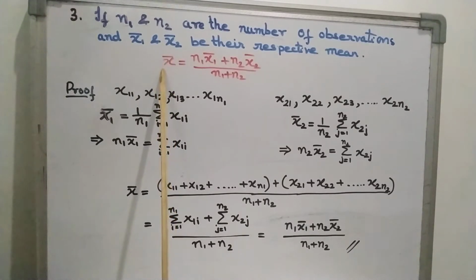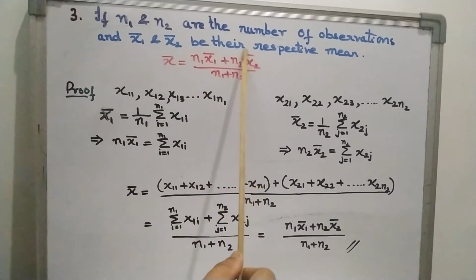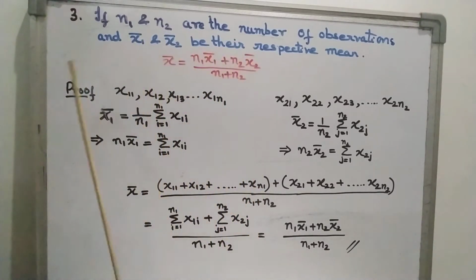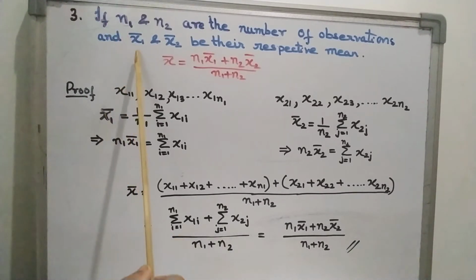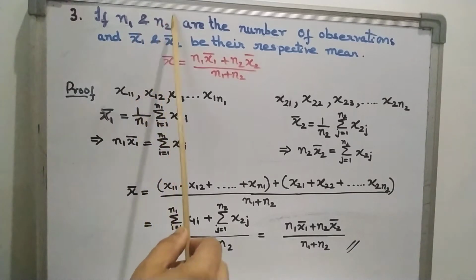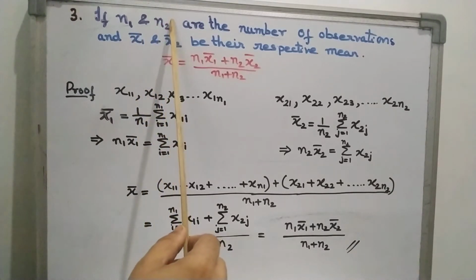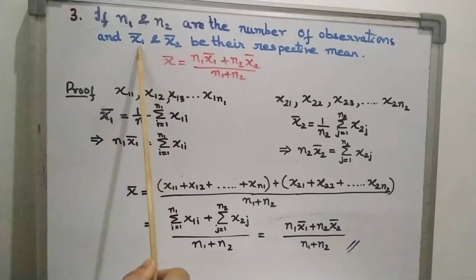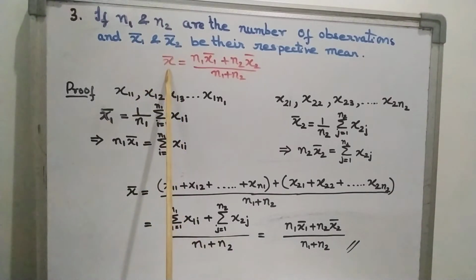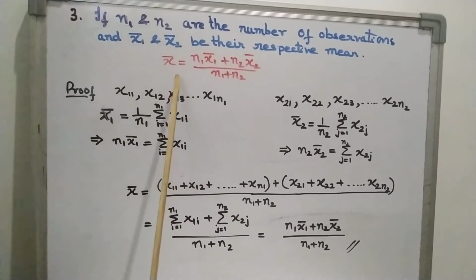Then the combined mean can be evaluated in this way without knowing the actual observations. We just need how many observations there are in the first series and its mean, and how many observations there are in the second series and its mean. If we know this information, we can find the combined mean of the two series. This can be generalized for any number of series.